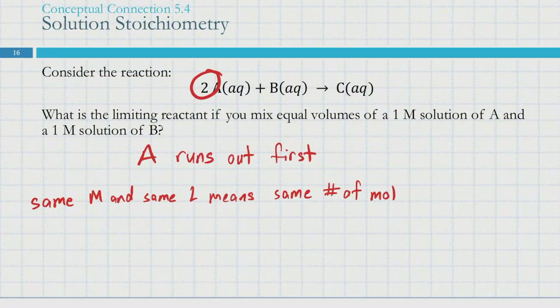So if we instead said 1 mole A, 1 mole B, this 2 coefficient in front of A means we're using up A twice as fast, so we would not be able to make as much C. We'd use up all of our A and we'd still have half a mole of B left. The coefficient means that we use it up faster.